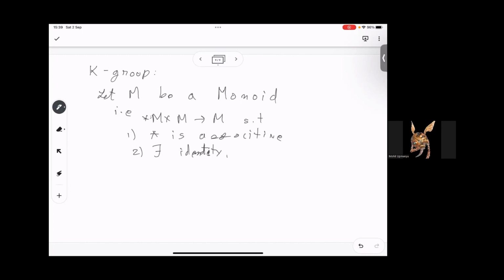If we have these two properties, then it's called a monoid. So it's kind of like a group, but the inverse condition is not necessary. And in the same spirit as abelian groups, M is called abelian if star is commutative.